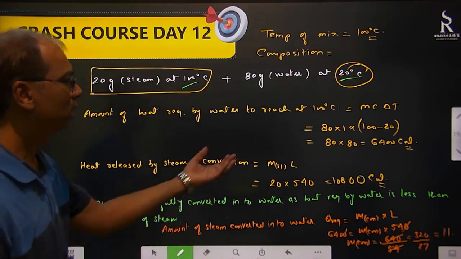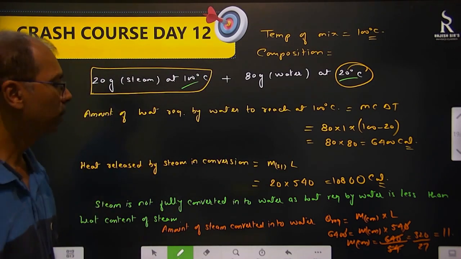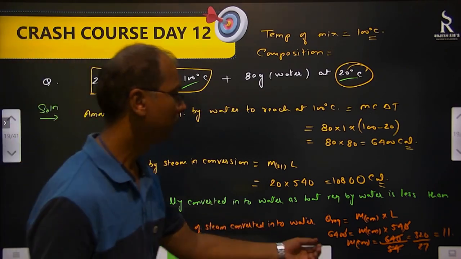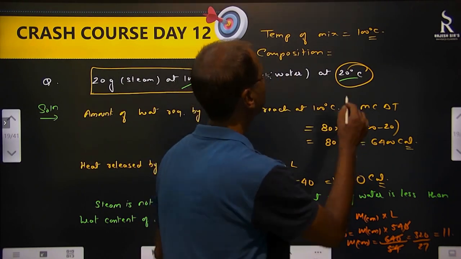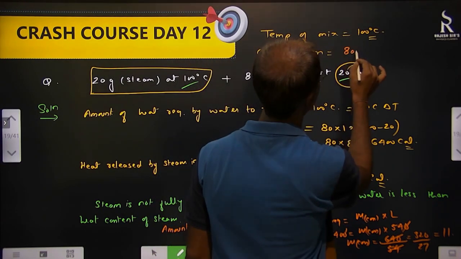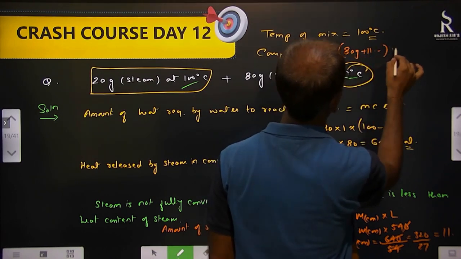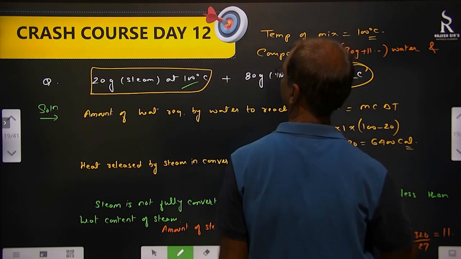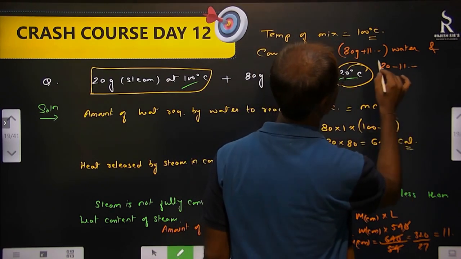Then entire water can come to 100 degrees centigrade. So what is the composition then? Composition is 80 gram of water already there and around 11 point something gram of steam converted into water. So 80 gram plus 11 point something gram water, and 20 minus 11 point something gram steam.